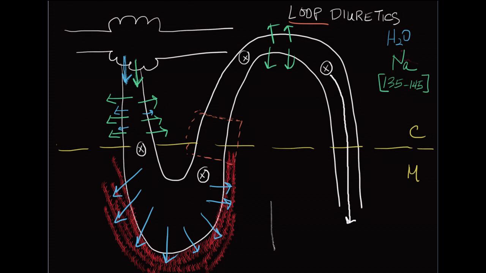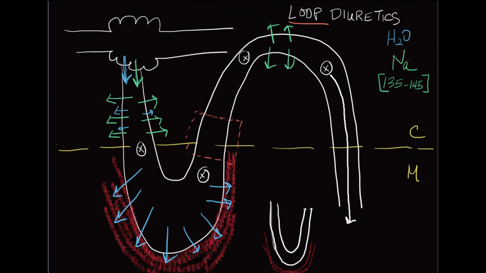Here's your descending loop, and this is in the medulla, coming back up. Your glomerulus is up here. We're approaching the distal convoluted tubule up here, and we have a concentration gradient in the medulla that's not as strong as it once was. This is a much weaker concentrating gradient than we had here because we poisoned that transporter, which is partly required to sustain this medullary concentrating gradient.